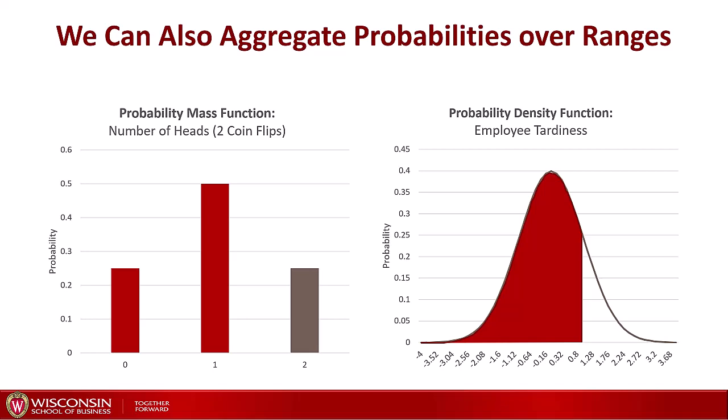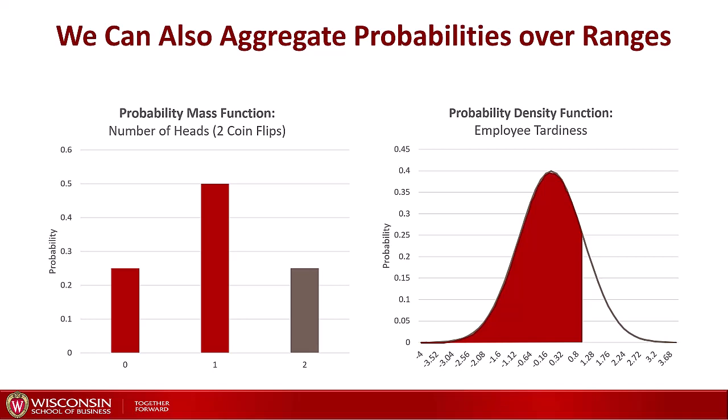Now we can turn to the continuous distribution, represented by the probability density function for employee tardiness on the right. If we wanted to know the probability of an employee being less than 1 minute late, well, there aren't any bars that we can add together. Instead, what we're going to do is take the area under the curve over that range. In this case, that range is going to go theoretically from minus infinity to 1.